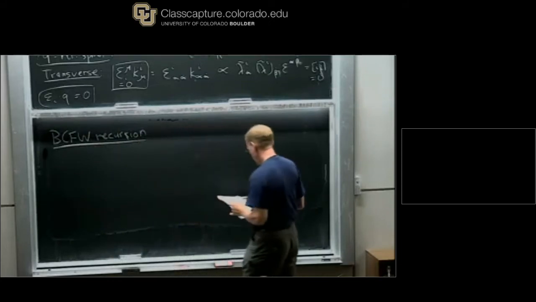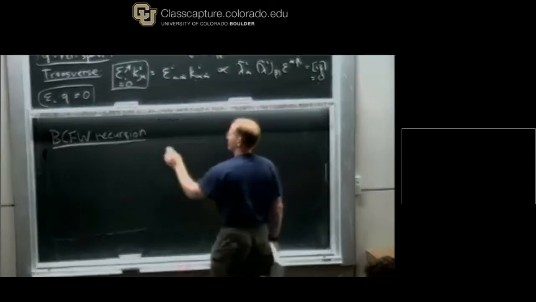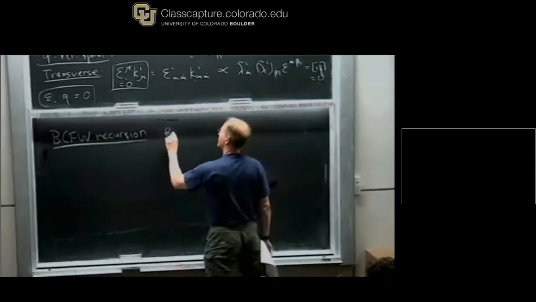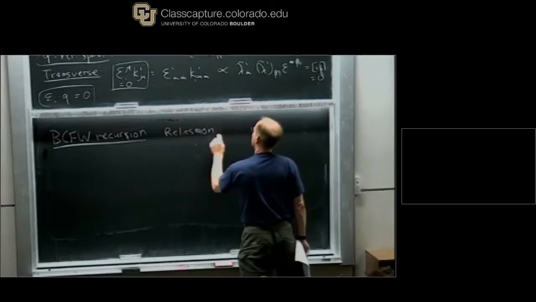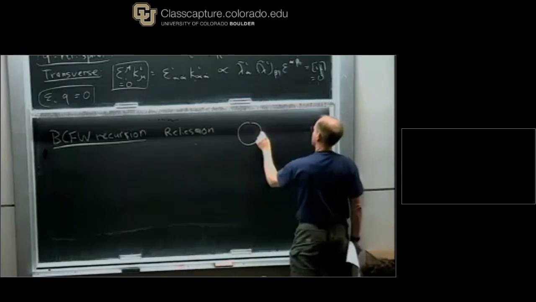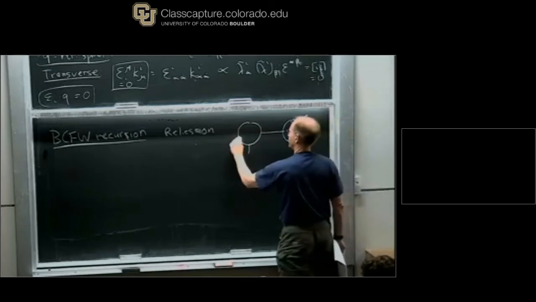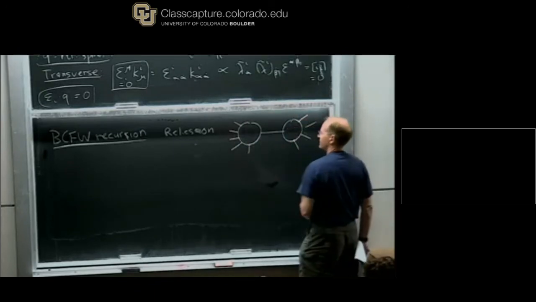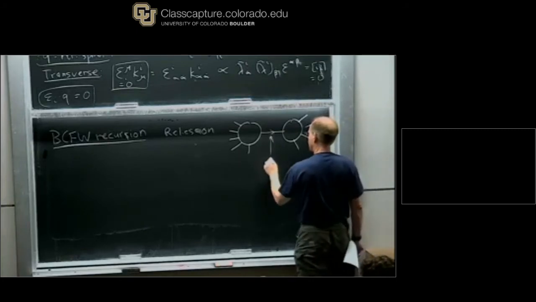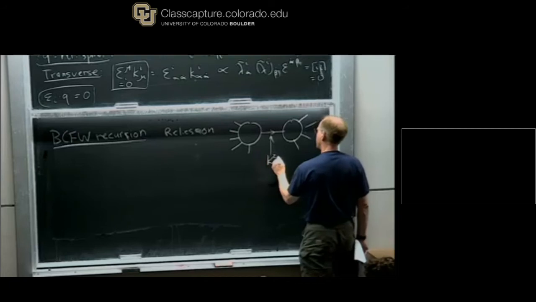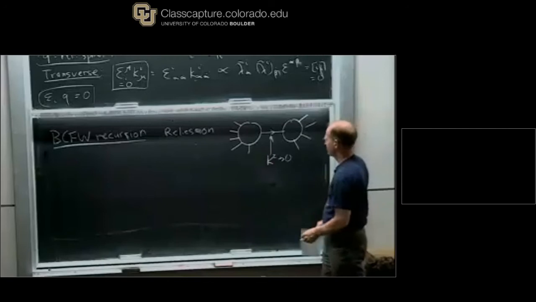And the basic idea is that it all relies on factorization. In this picture, since the particles are very generic in this formula, I'll just draw them as straight lines and not gluons. The idea was that in the region where this intermediate momentum goes to 0, we know what the answer is: it factorizes into two pieces.